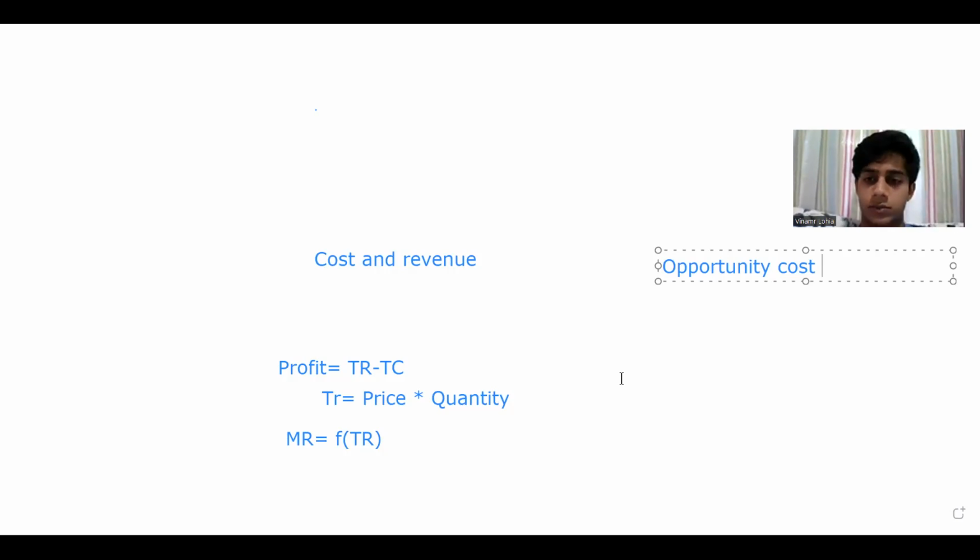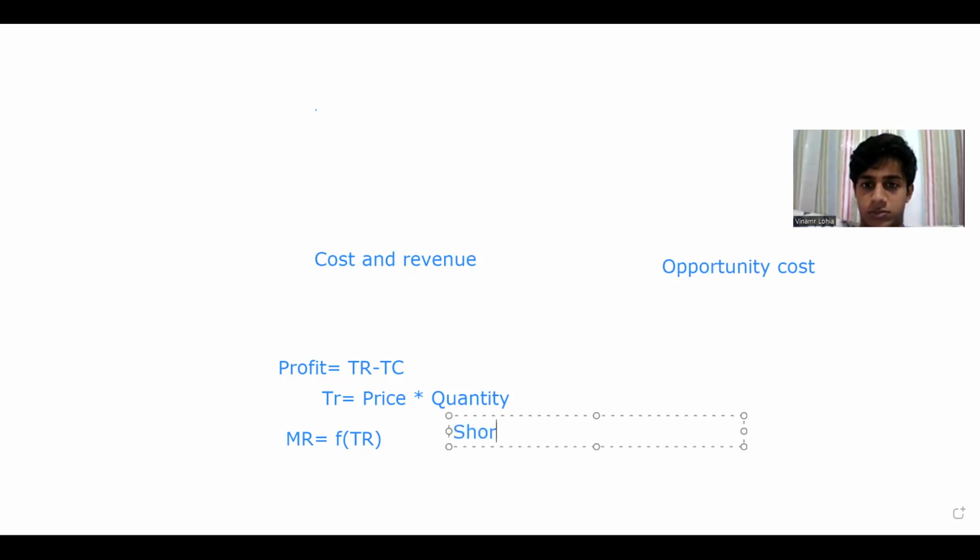And in the concept of cost and revenue, there are short run and long run costs as well.